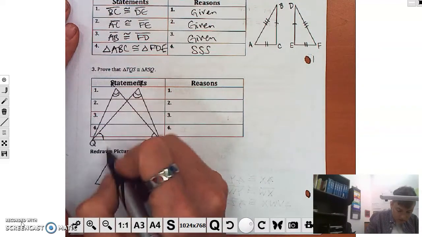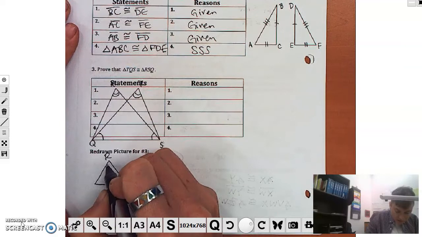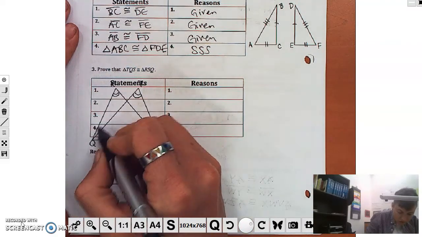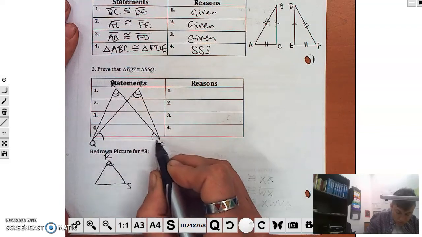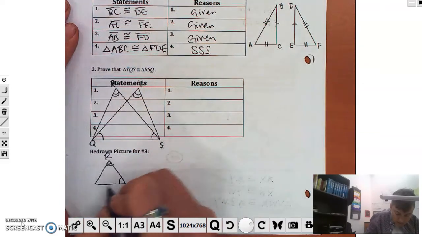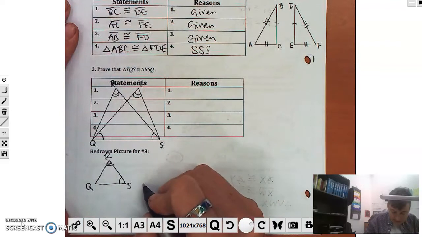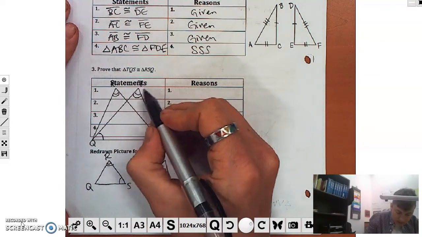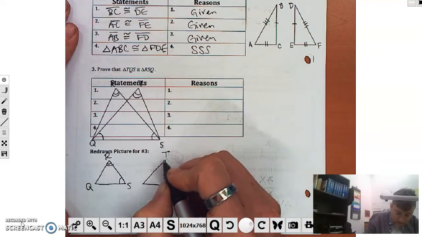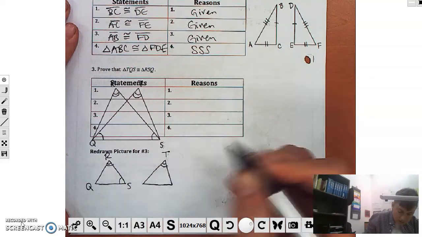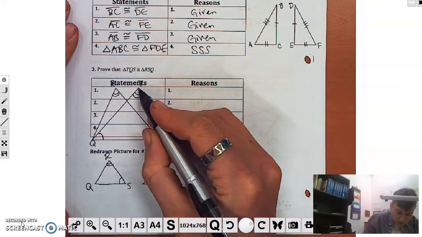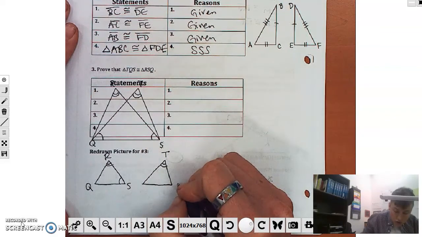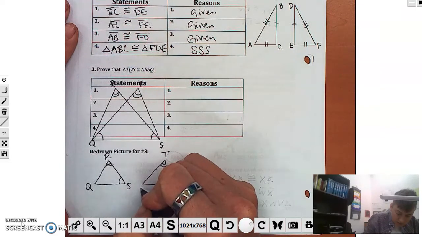That's angle R, and angle R has 2 marks, and this is angle S, and it has, for this triangle here, 1 mark, and that's Q. And then we've got another triangle. That's angle T. That has 2 marks. Angle S for this triangle here has no marks. And there's a Q.